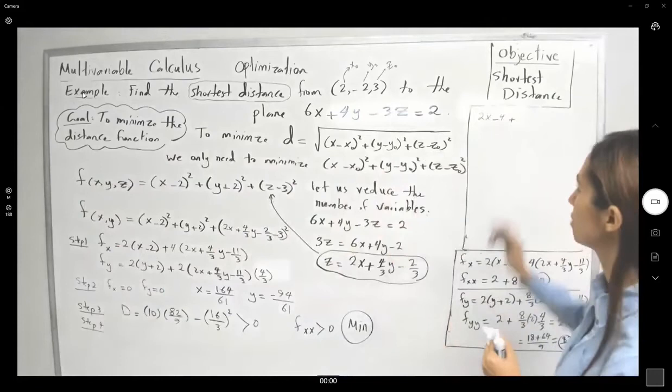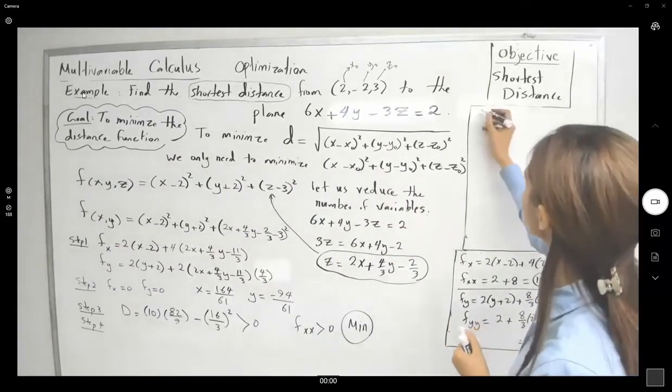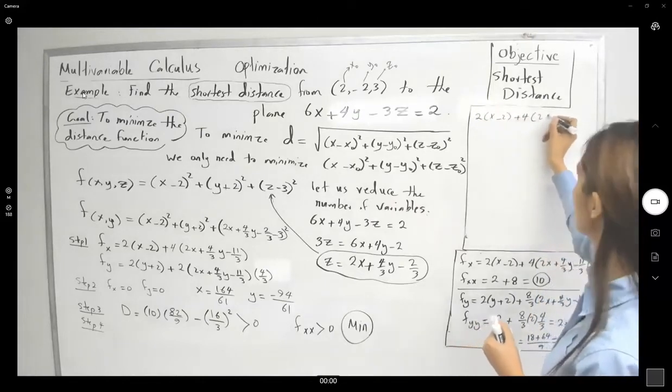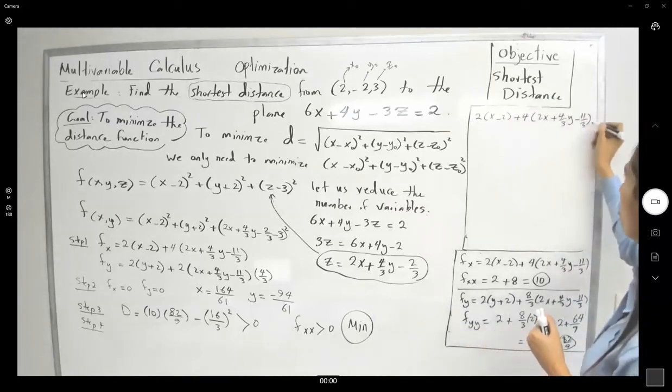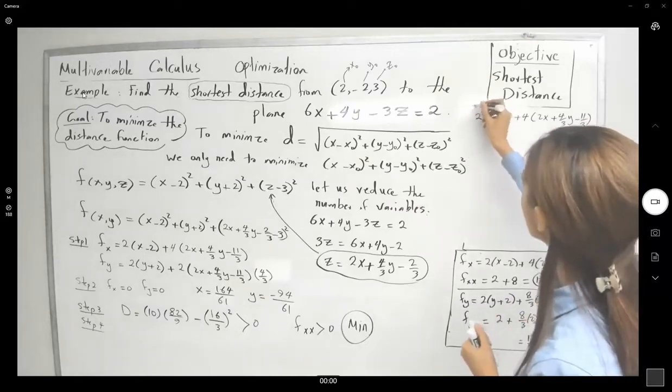Or since it's going to be equal to 0, we can get rid of those as well. So let's write it this way. We have 2x minus 2 plus 4, 2x plus 4/3 y minus 11 over 3 equal to 0. This is one system of linear equations.